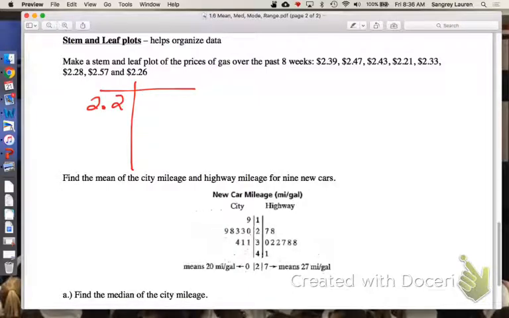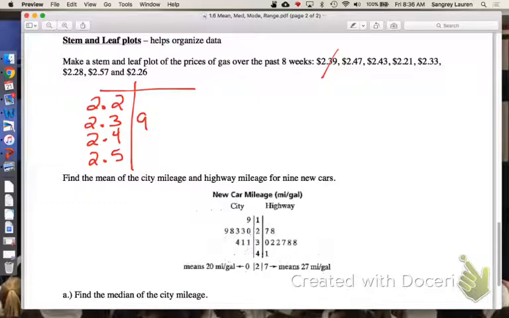We're going to use 2.2, 2.3, 2.4, and 2.5. Now on your leaf side will be what's left in the hundredths place. So let's see, the first value is 2.39. So I'm going to cross that off so I know I used it, and I'm going to put my 9 with the 2.3 stem.